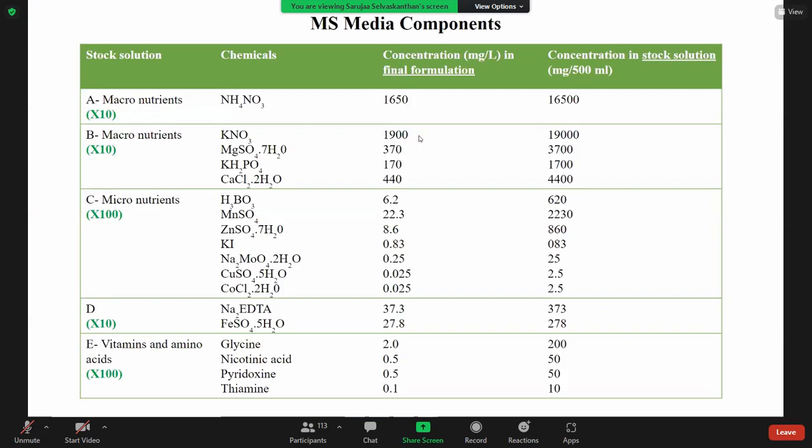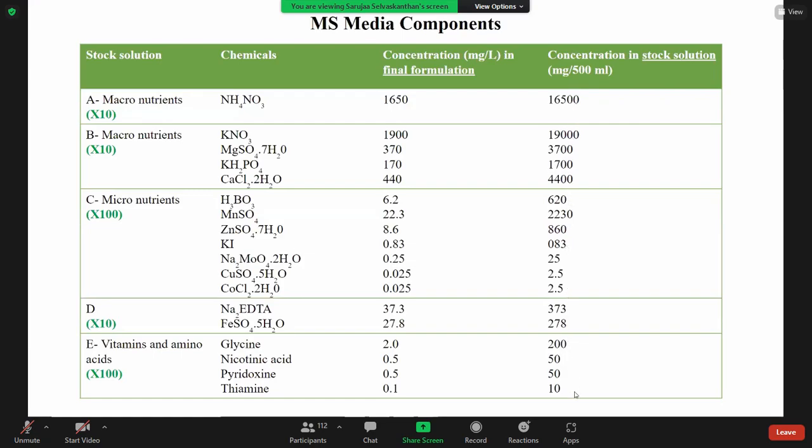Here, that concentration should be 10-fold. So we have to make 19,000 milligram, take it, and dissolve in 500 milliliter. Just remember here we are preparing 500. All the stock solutions we are preparing 500 milliliter.